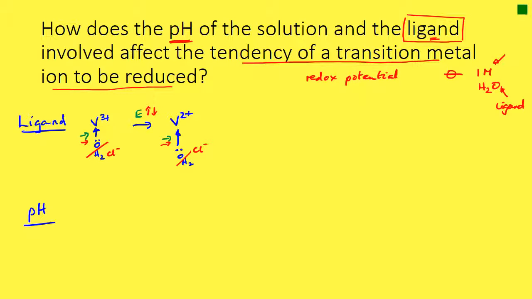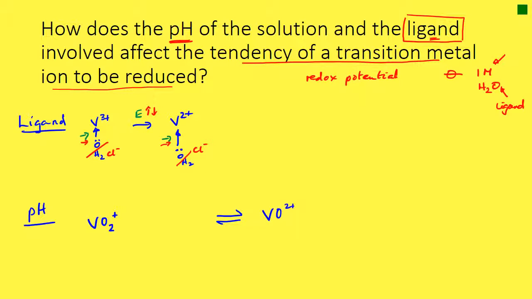So let's have a look at an example to illustrate it. Let's take our VO2+ ion, and let's reduce that to our VO2+ ion. So we've gone from vanadium 5+ to vanadium 4+.